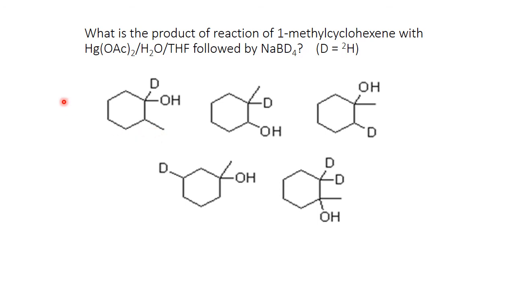Okay, if I recall, what does oxymercuration do is it puts an alcohol on the more substituted carbon. So that would have to be where the 1-methyl is. So if I look, I'm going to have to eliminate this compound, and these 2 compounds, because both of those are putting the alcohol on the less substituted carbon.